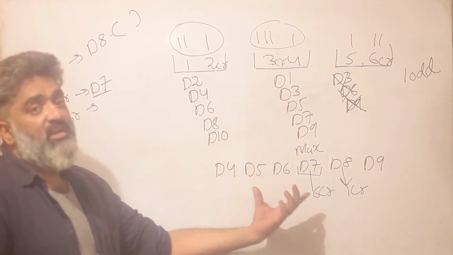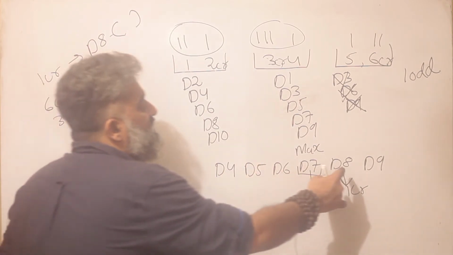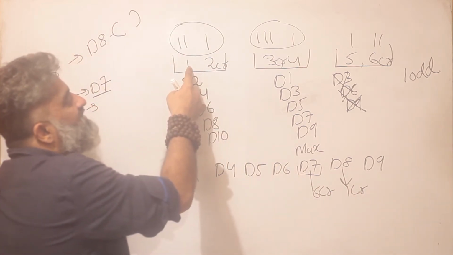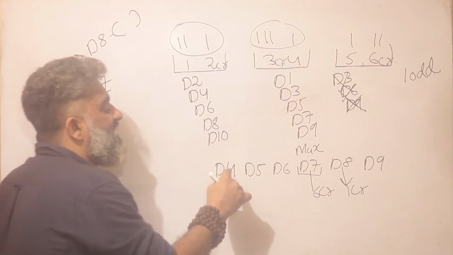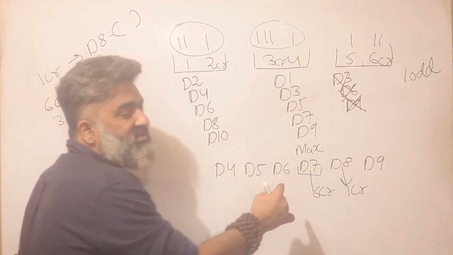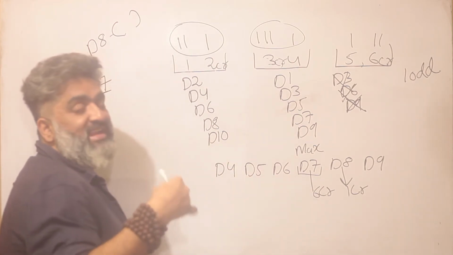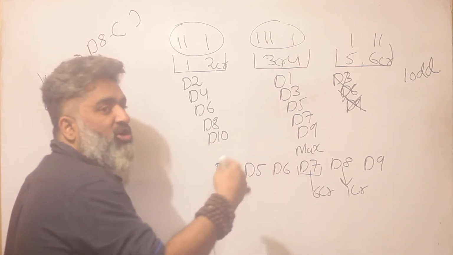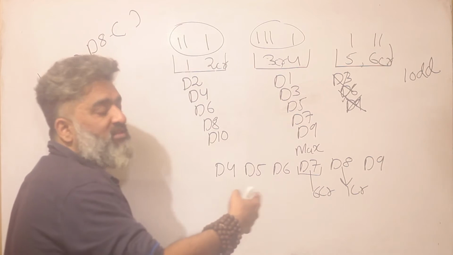So now bring your attention back to this rule. D8 has taken 1 crore. Now if you think about who's the other guy in 1 crore, it cannot be D4 or D6 because I have been told that D8 is the minimum. So D4 and D6 cannot be 1, and I was also told that all of them are unique.